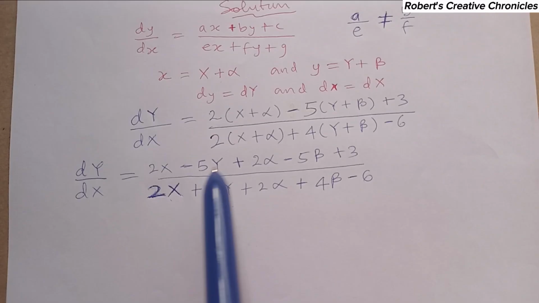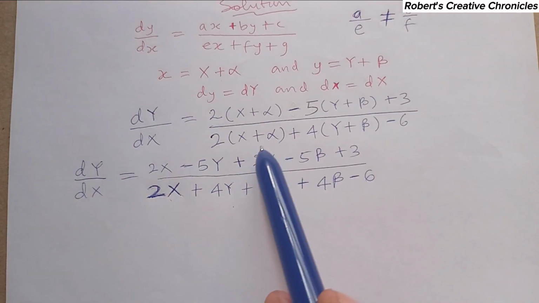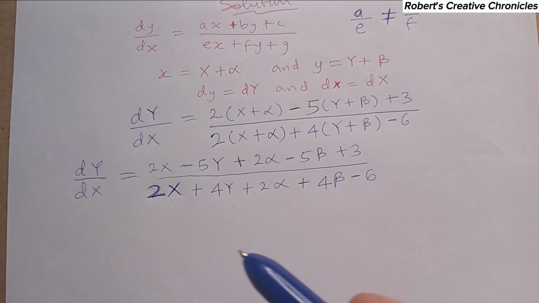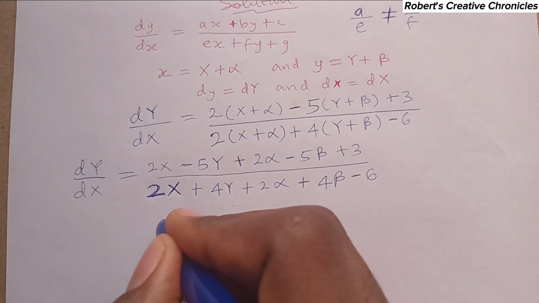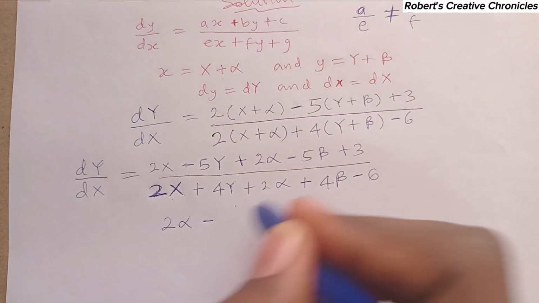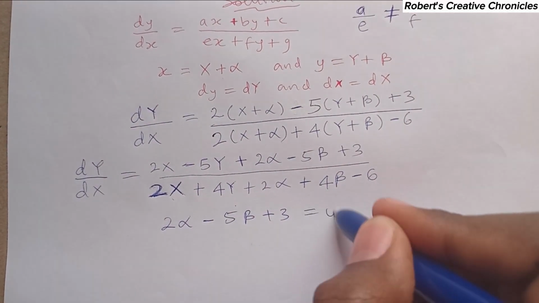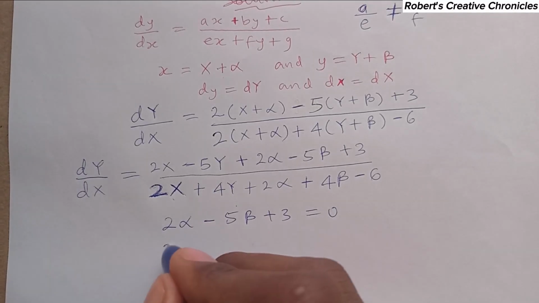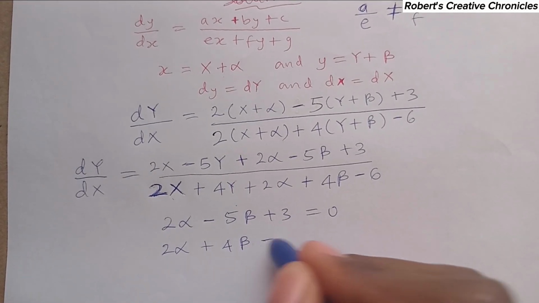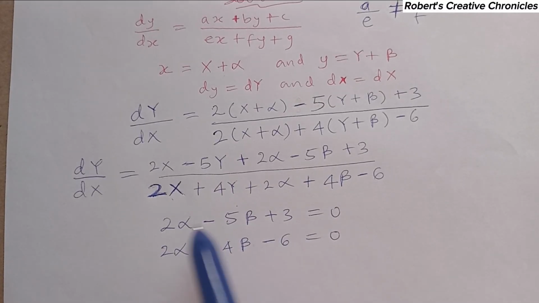So now we will find alpha and beta by setting this constant equal to 0 and this constant also equal to 0. So we will say 2 alpha minus 5 beta plus 3 equals 0. Also the second one, 2 alpha plus 4 beta minus 6 is equal to 0. So we will find alpha and beta.